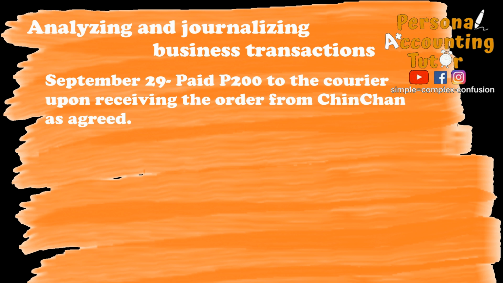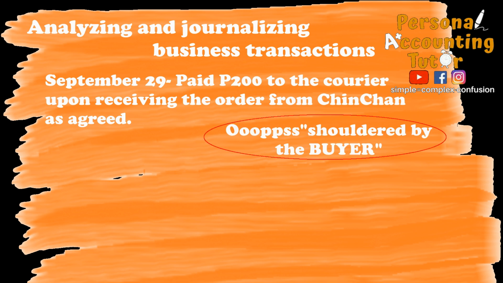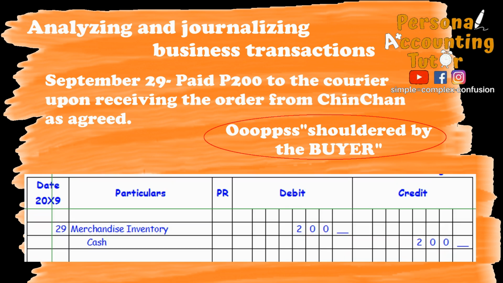On September 29, paid 200 to the courier upon receiving the order from Chinchan as agreed. So the journal entry will be, since we are using the perpetual inventory system for this one, the transportation cost paid by the seller under perpetual inventory system will be a debit to a merchandise inventory account 200, then a credit to cash 200 because this is paid in cash.